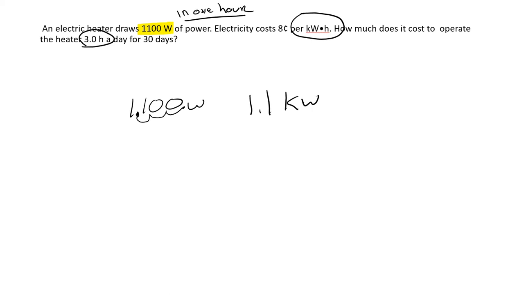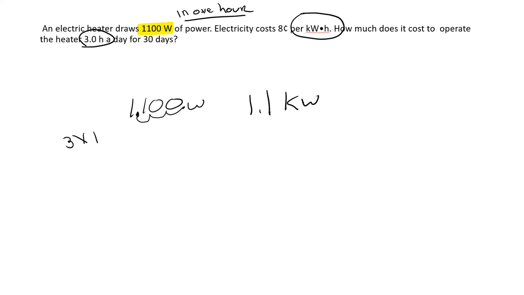So I'm going to do it both ways for you. First way, it's used for 3 hours a day. So I'm going to multiply 1.1 times 3. If it uses 1.1 kilowatts for 3 hours, that's going to be 3 times 1.1. So I'm going to put that here.